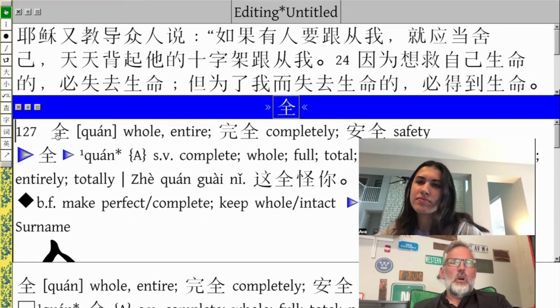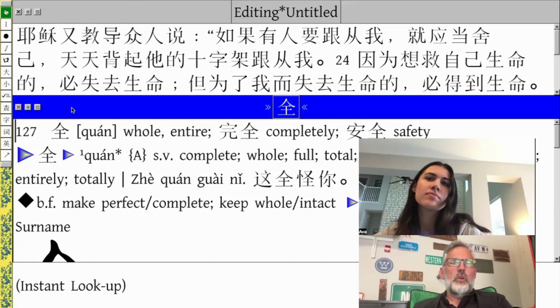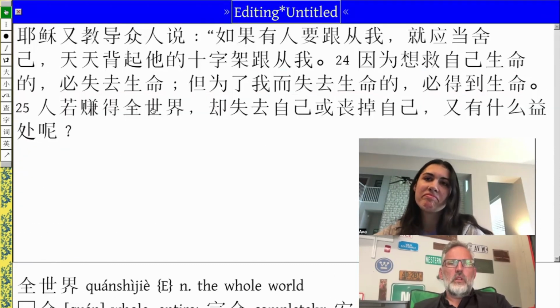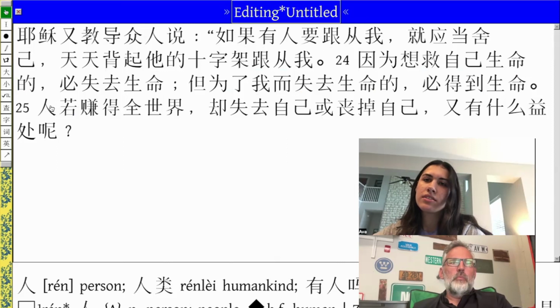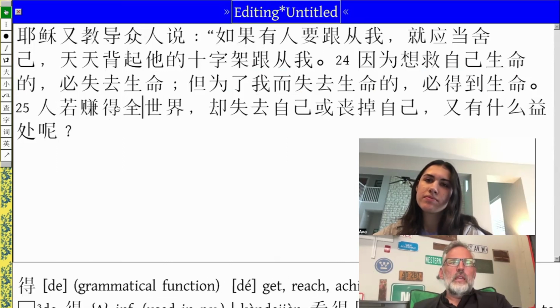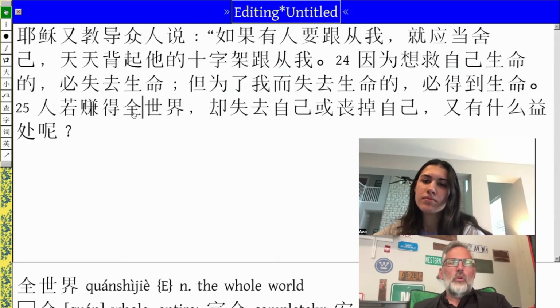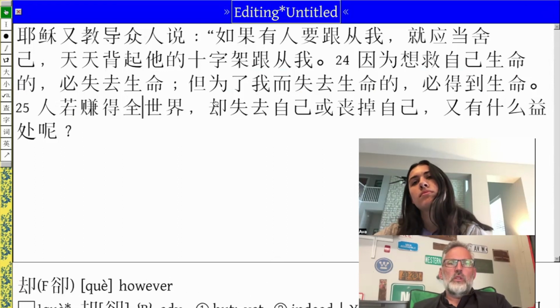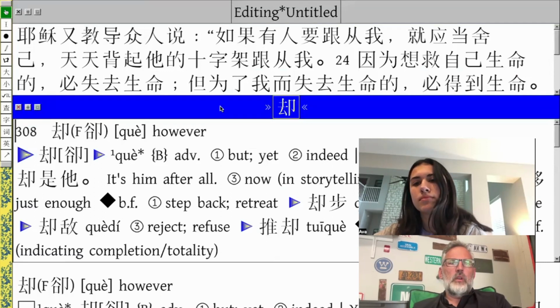And it has a 王, a king, underneath a person, which might have some explanation in here, but this video is getting long. So 全世界, the whole world. So if a person gains the whole world, 全世界, 却, you can see has a 去 in it right here, a 去. That's a common character.